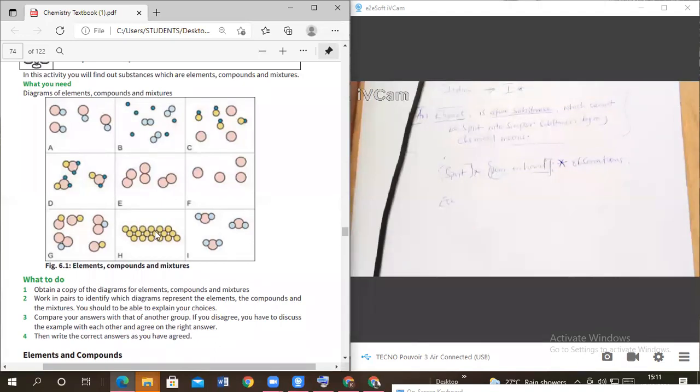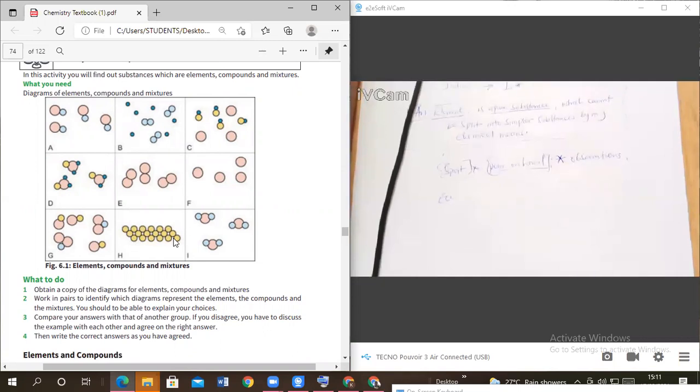Can't you split this? If you bring any chemical here, can't this one break off from this? It can. Therefore, this one can be broken. It spoils the name element, isn't it?